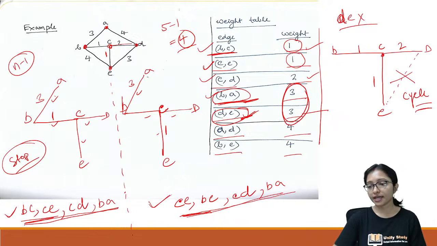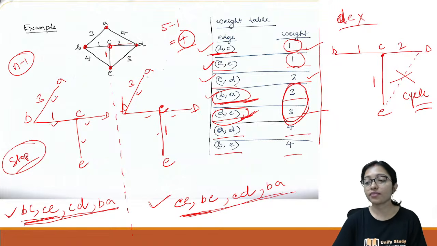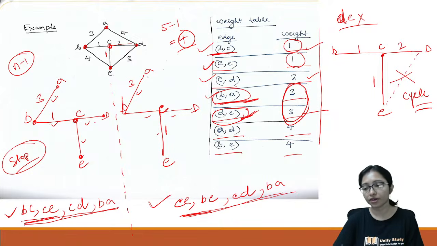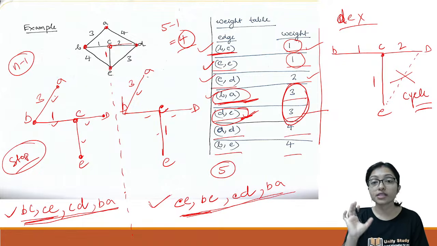I hope it is clear now. But ma'am, there are 5 vertices in both graphs. Vertices will be 5. Jasmine, try to understand. You have to cover all the vertices. 5 vertices definitely you have to cover. You are always trying to make a connected graph, right?